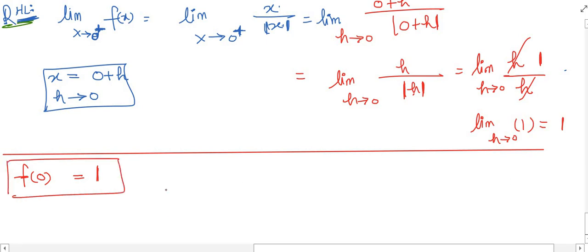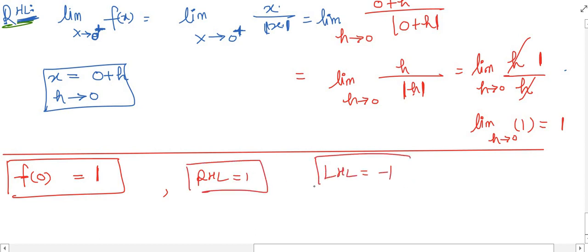So now we got RHL is 1, but LHL was minus 1. So what do you think, guys? Is it continuous? No, because I can see RHL is not equal to LHL, correct? But RHL is equal to f of 0.